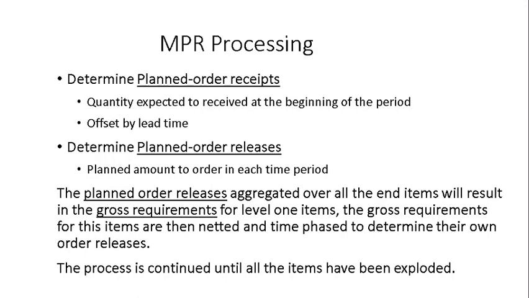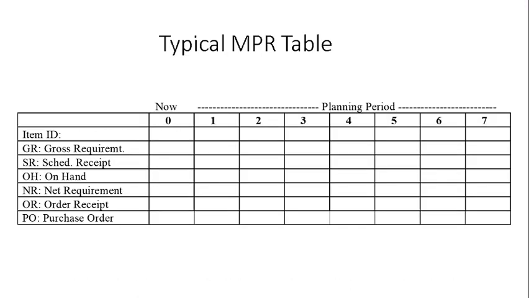However, it is a dynamic process because, for example, a typical MRP table shows that we need to fill all those boxes for the period that we are going to plan. It might be weeks, it might be days or months, and all the previous items, as we said: the gross requirements, the scheduled receipts, the on-hand, net requirements, order receipt, and purchase order.